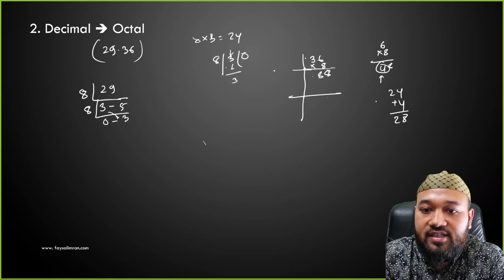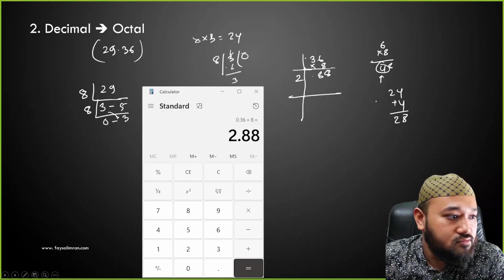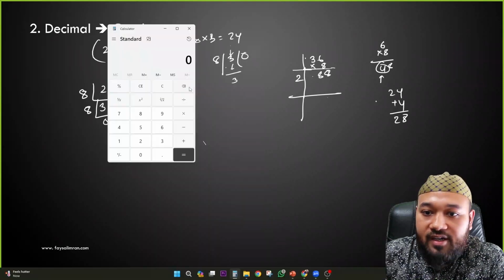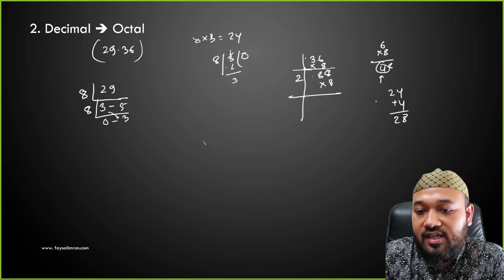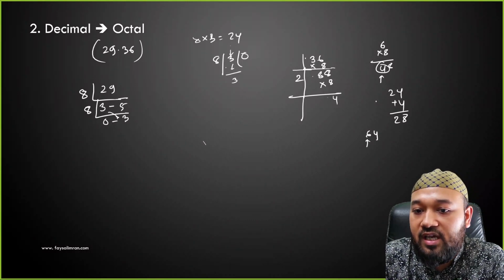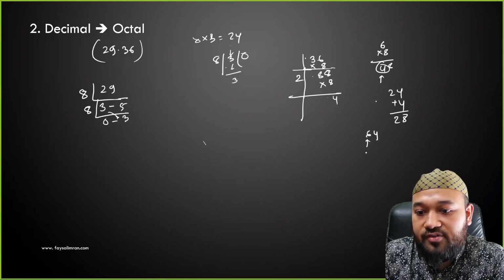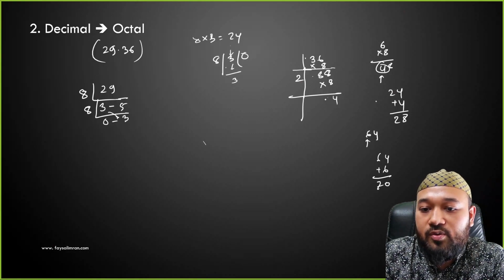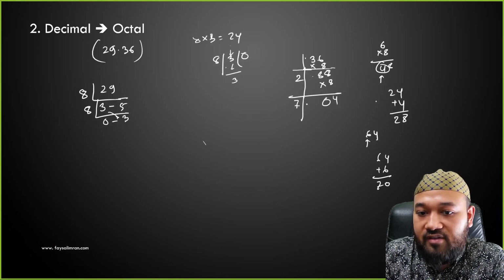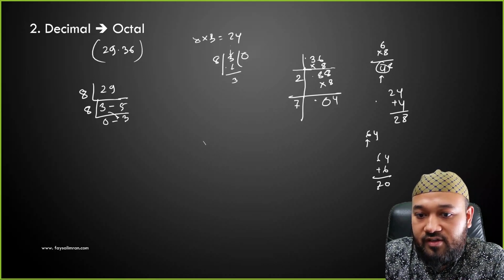We write here 8 and this is our 2. We also need to multiply it by 8. So 8 into 8, 64. We put it here 4. We have 6 as a carry bit. So 8 into 8, 64 also. So 64 plus 6, we will get 70. We put it here 0 and 7 is our integer value.